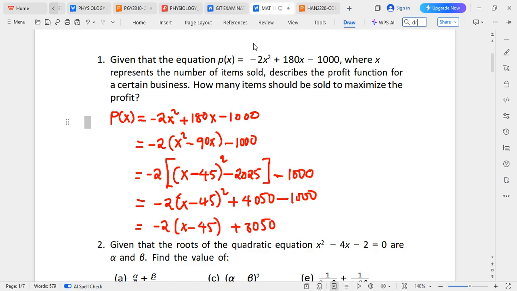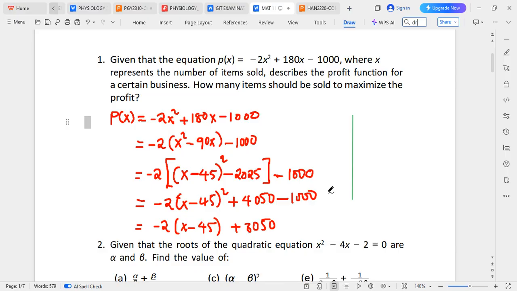We can now sketch our graph, and I'm going to put it like this. So I hope sketching quadratic graphs is really easy.